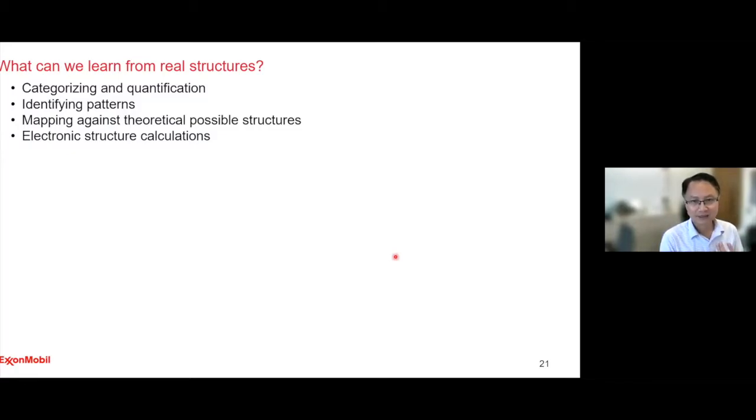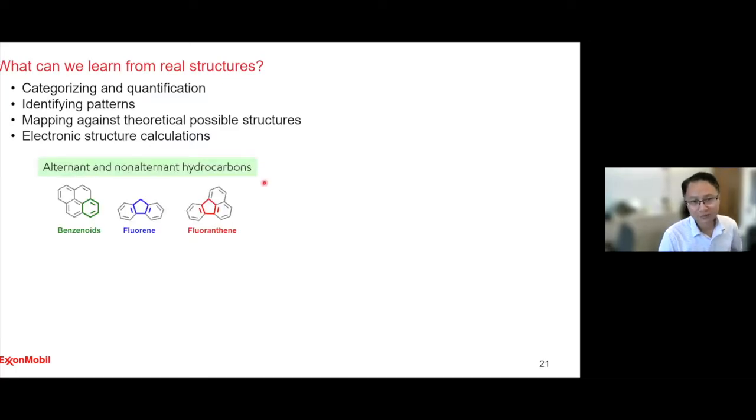And is there any significance from the structures? So over the last few years, we have been working on categorizing and quantifying structures, identifying the patterns, thinking about what we found, then mapping against the other possible structures, and also understanding their electronic structures.